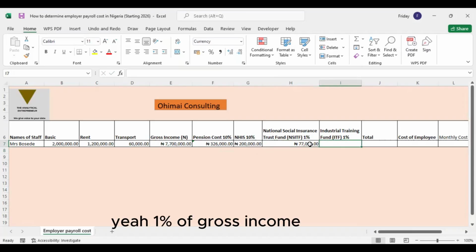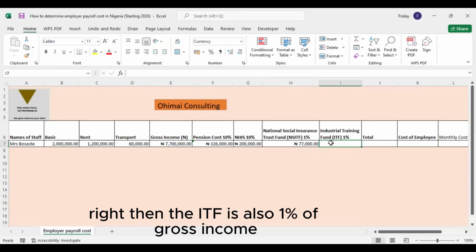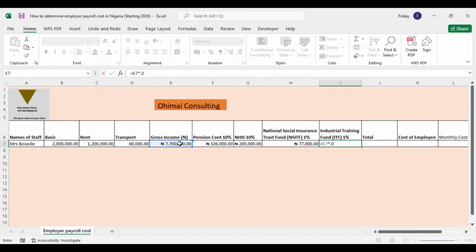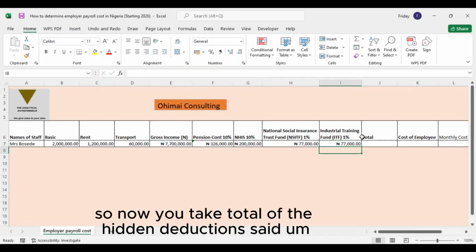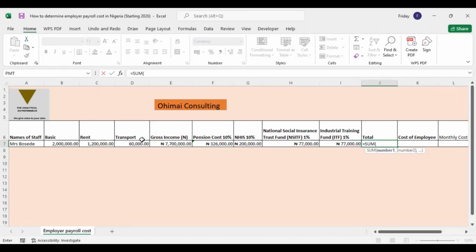Then the ITF is also 1% of gross income. Now you take the total of the hidden deductions and add it to the gross.